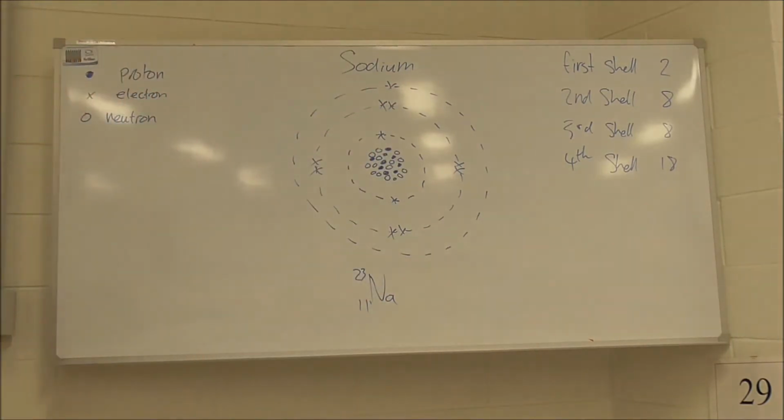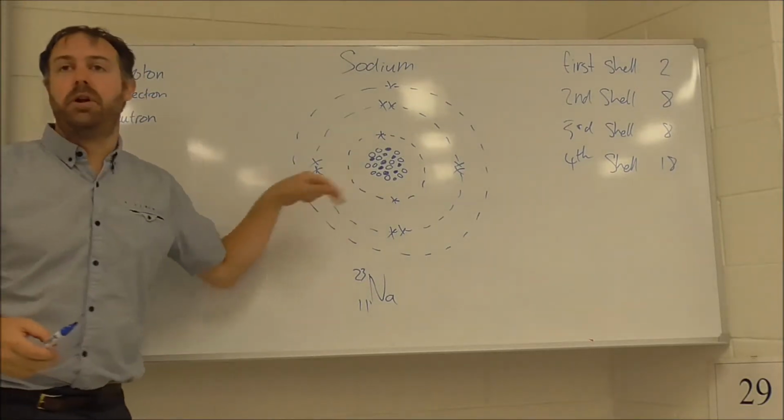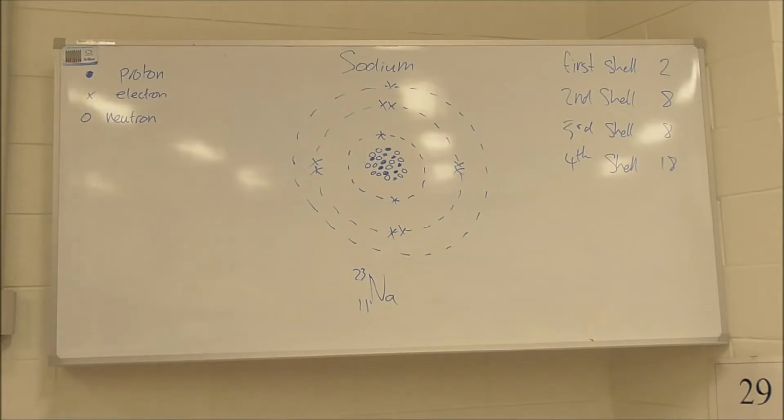Okay, so that would be sodium. So very similar to the neon, except we've got 1 extra electron on the outer shell there. So 1 more electron than neon, and it has to be in its own shell because all the other shells are full, and the nucleus is going to be a little bit bigger and a little bit heavier. Okay. Now, we can ionise a sodium atom.